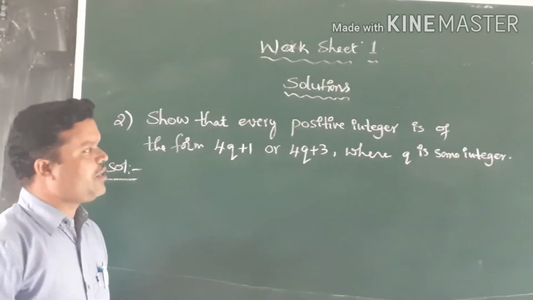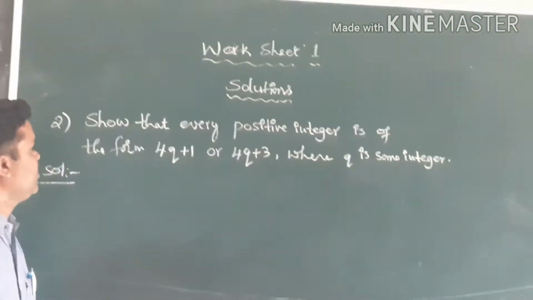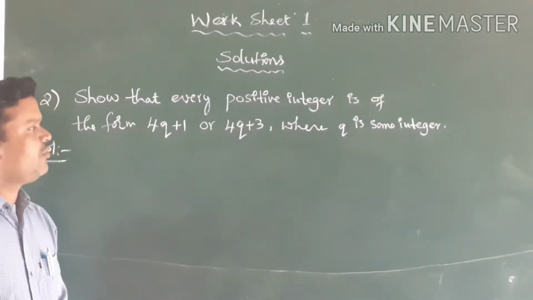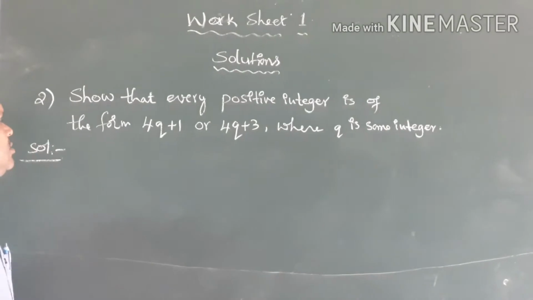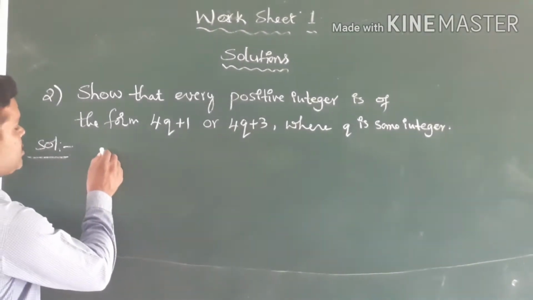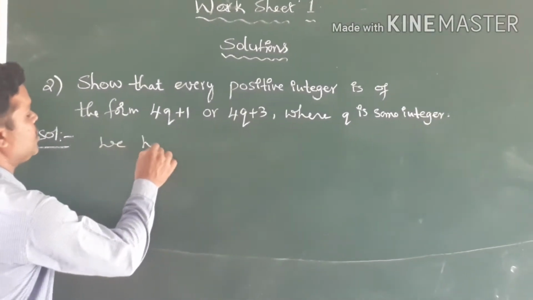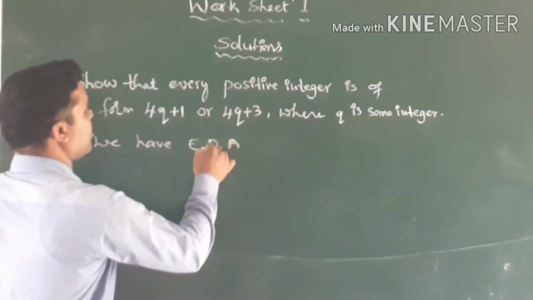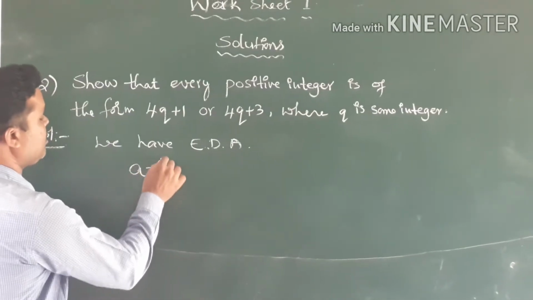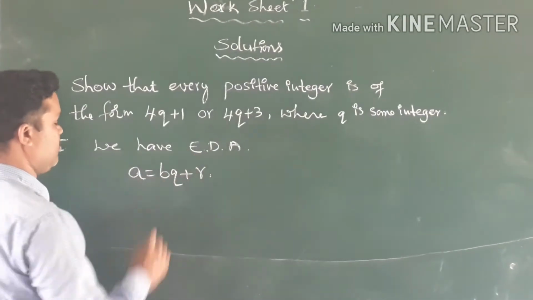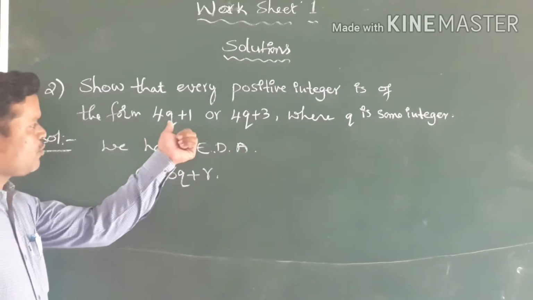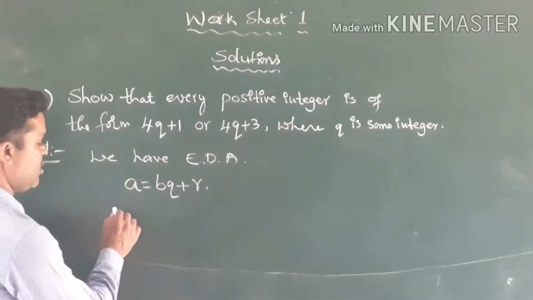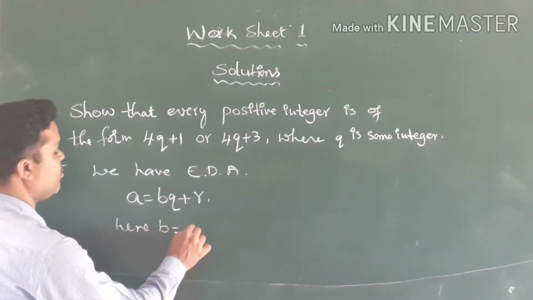Show that every positive integer is of the form 4q plus 1 or 4q plus 3, where q is some integer. To prove this, we have Euclid's division lemma: A is equal to BQ plus R. If you compare 4q plus 1 or 4q plus 3 with A is equal to BQ plus R, here B is equal to 4.